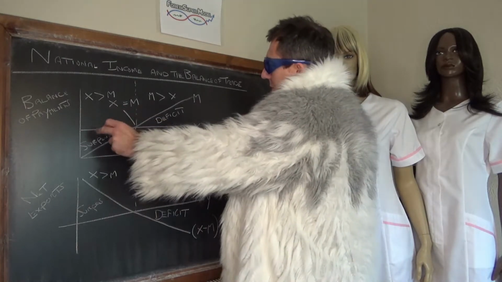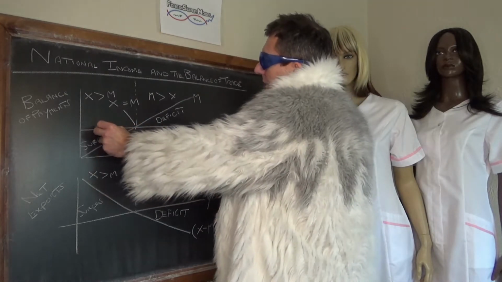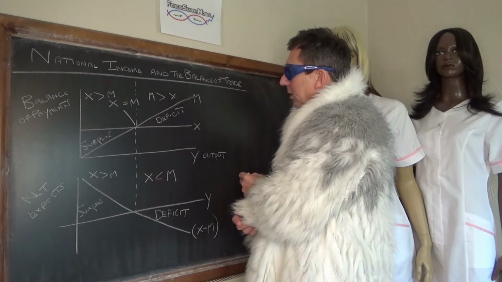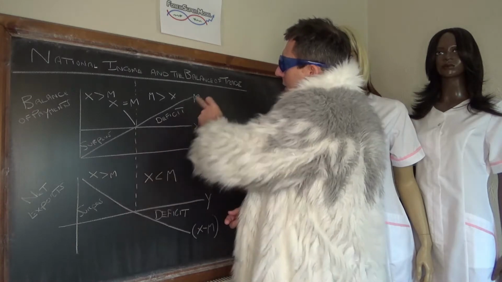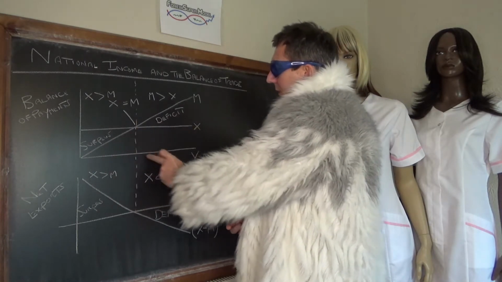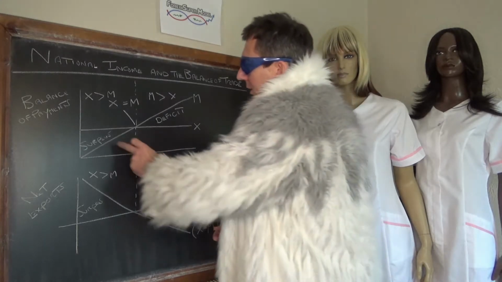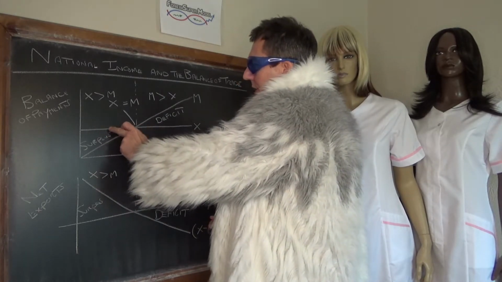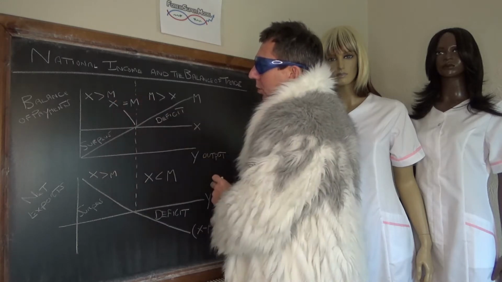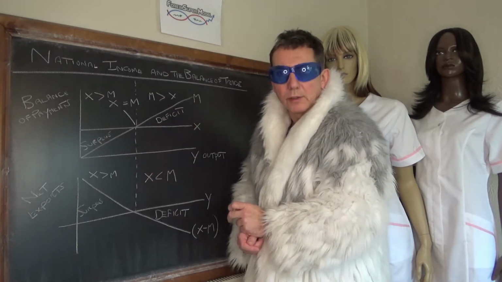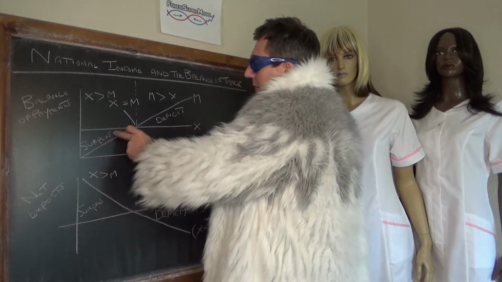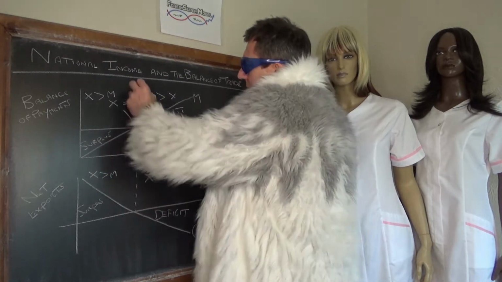Because you've got this horizontal line for exports, and imports start to rise progressively as income increases, initially exports exceed imports, and therefore we've got a balance of trade surplus up until this point.